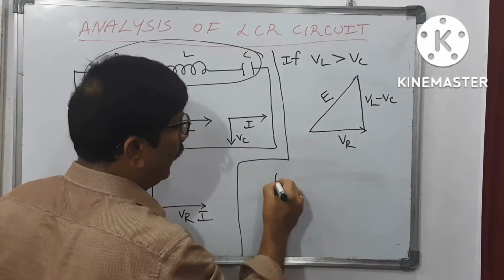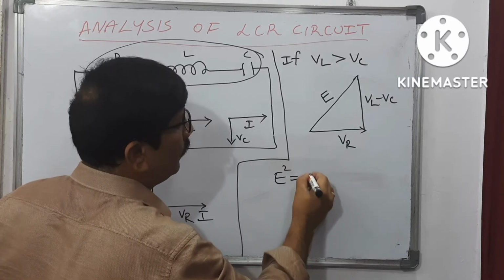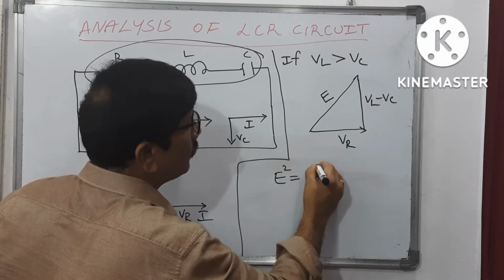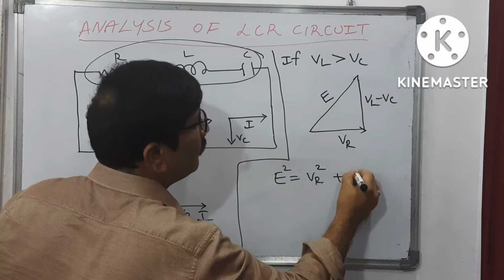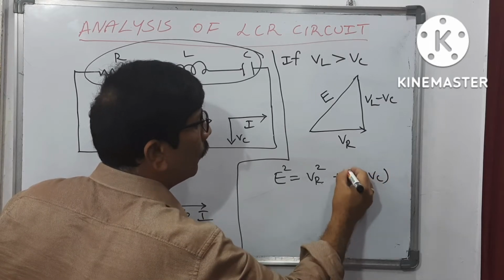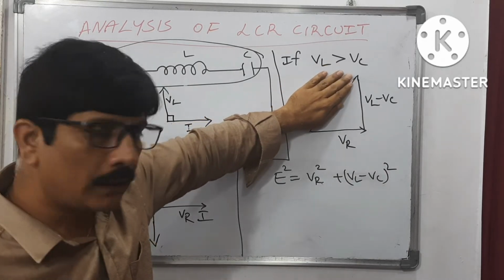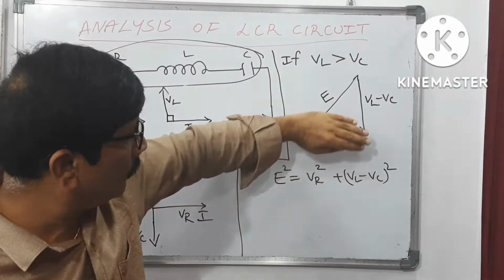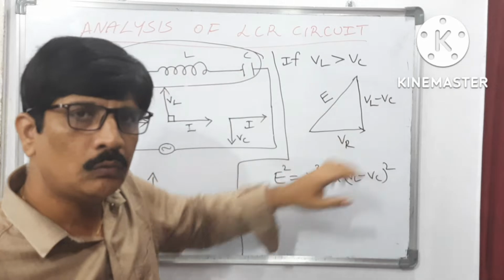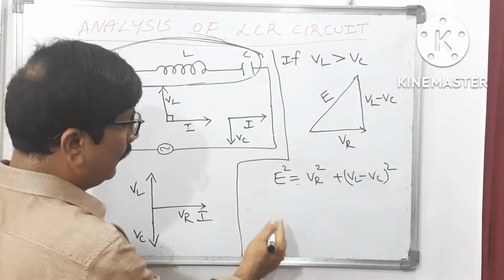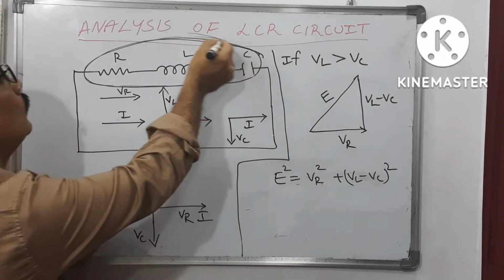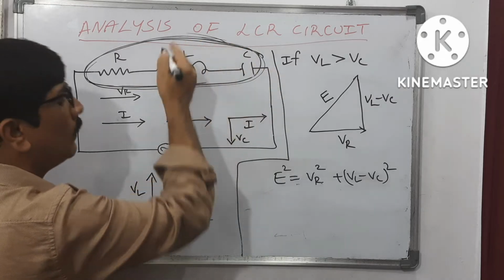So that's why you can write E square is equal to VR square plus VL minus VC whole square. That means the diagonal of a right angle triangle squared is equal to the sum of the squares of the other two sides. It's like the Pythagoras theorem. E is nothing but the electromotive force of the combination of this.